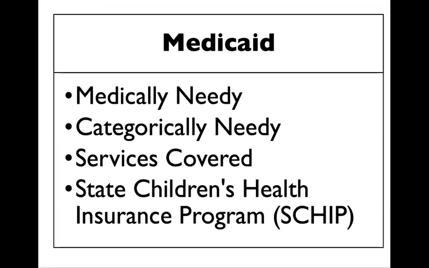And because the government gives partial funding, they mandate what services must be covered. And then the state can decide that they're going to cover some other things. So for example, years ago, people would say, oh, I'm going to leave Illinois, I'm going to go to Wisconsin, or they're going to go to Minnesota because the Medicaid benefits were better than they were here in Illinois.